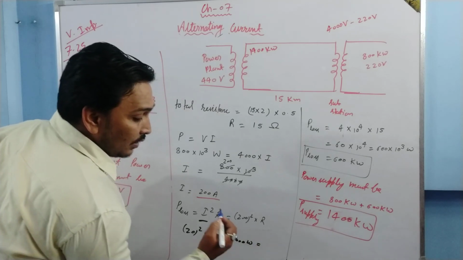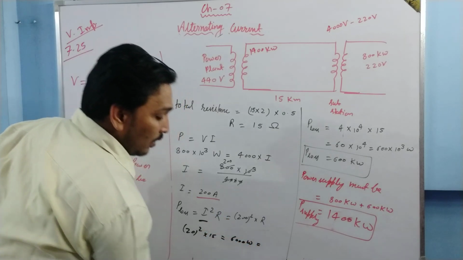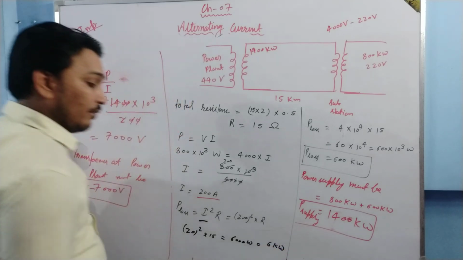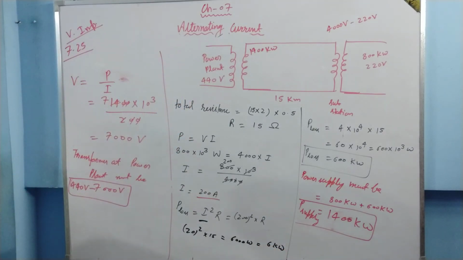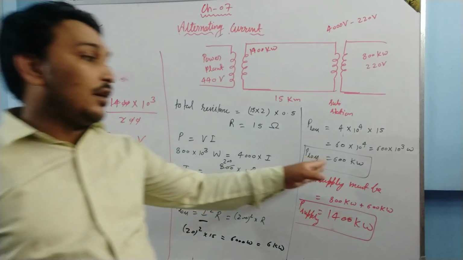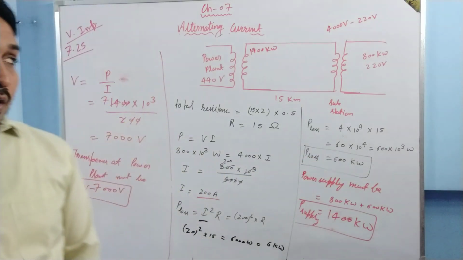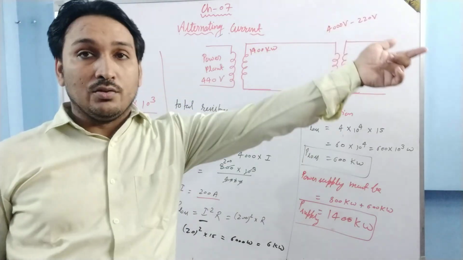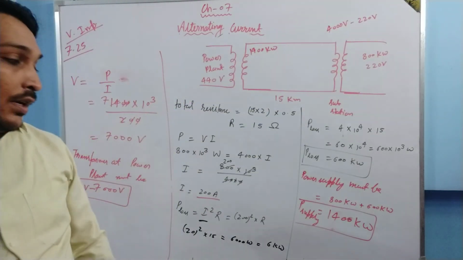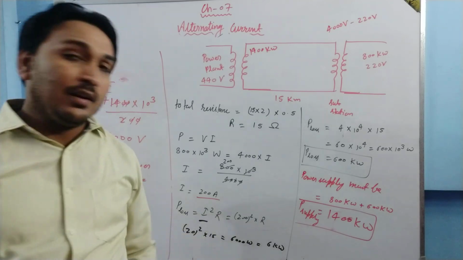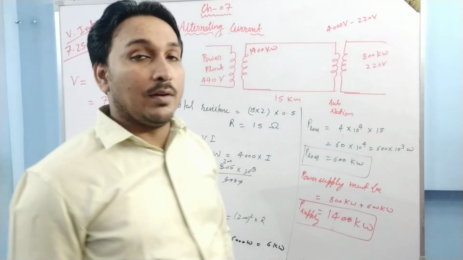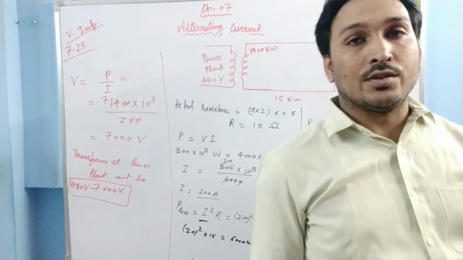And if you write it in terms of kilowatt, it will be 6 kilowatt only. Earlier the power loss was 600 kilowatt. But if we increase this 4,000 volt to 40,000 volt, we increase 10 times, then the power loss reduces by 100 times. And that is why power is always supplied at higher voltage.